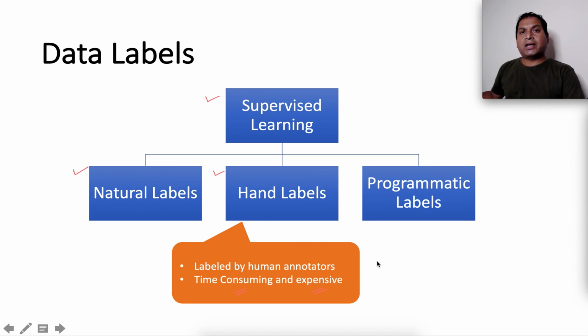But besides active learning, there is also another technique called programmatic labels. We can actually write programs to generate labels. This is called weak supervision.